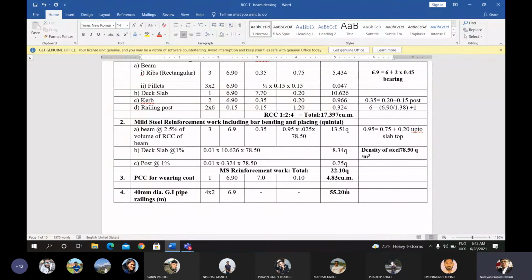That thickness is the height. Multiply all these, and you will get the volume of the wearing coat as 4.83 cubic meter. Okay. Total volume of PCC for wearing coat will be 4.83 cubic meter. You can also provide the proportion of the wearing coat here, 1:3:6. Okay, you can provide such proportion also.